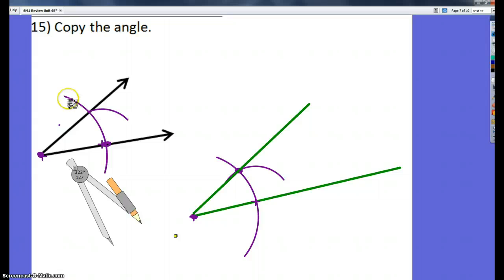So this arc that you start with can be any length that you want it to be, and then you measure from the intersection to the intersection point. Again, remember when you draw that first arc that you drop it down on your other angle so that you have that same arc there, and then measure from the intersection to the intersection.